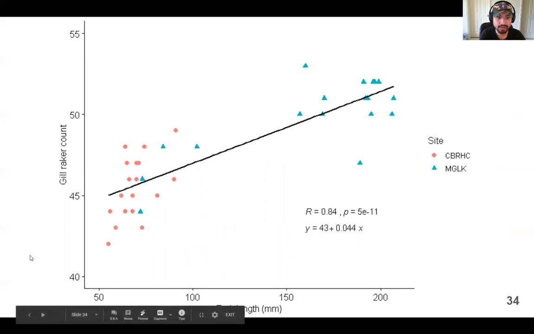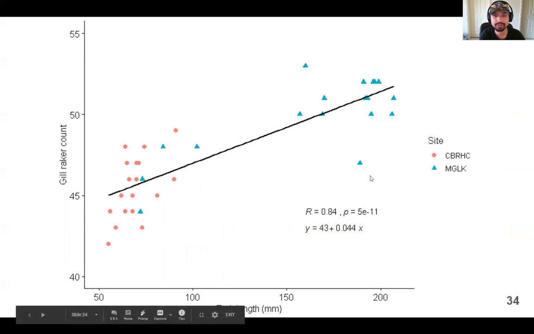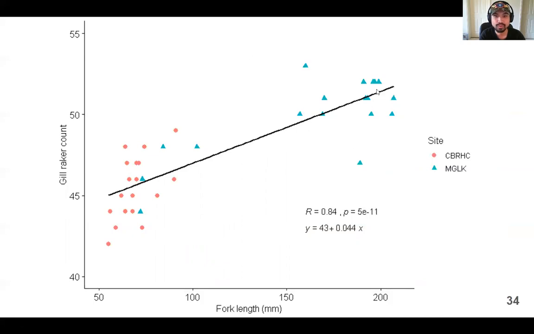This suggests that our small fish in CBRHC are actually just juvenile Prussian carp that are on their way to having the higher gill raker counts, which is more in line with what is expected in Prussian carp, but they're just small.